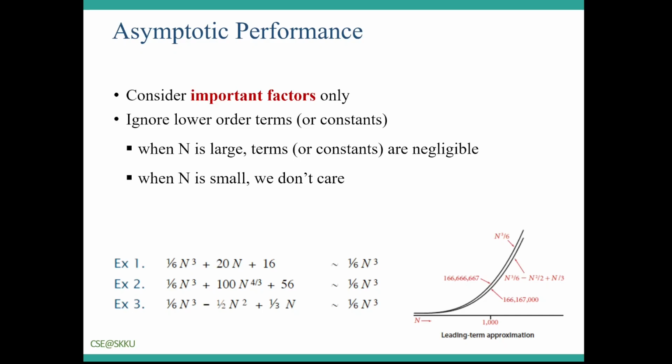Actually, it provides a more precise asymptotic analysis compared with big O and big omega notation. g(n) is both an upper bound and a lower bound of function f(n).